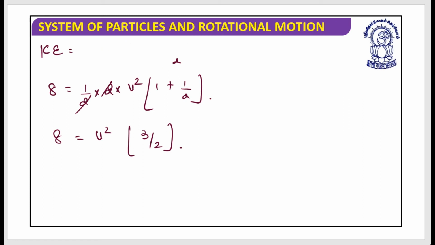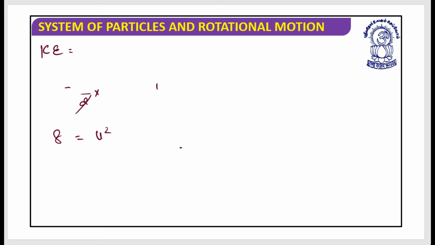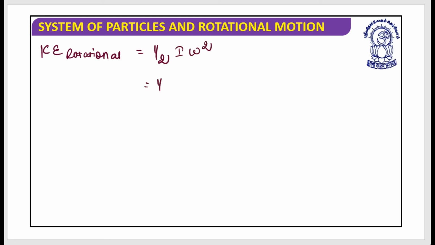To write down the rotational kinetic energy, the kinetic energy of rotational motion could be written as half I omega square. This equals half into mk square into omega square. Omega is v by r, so omega square is v square by r square.